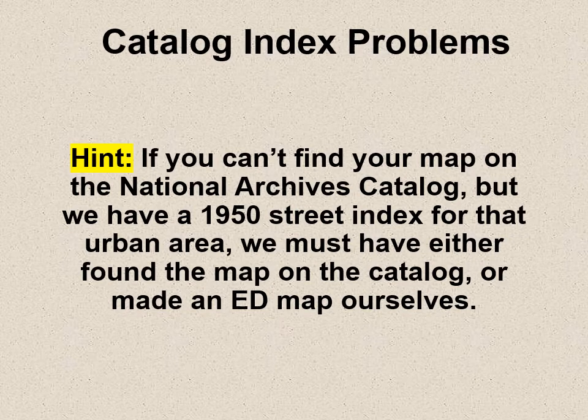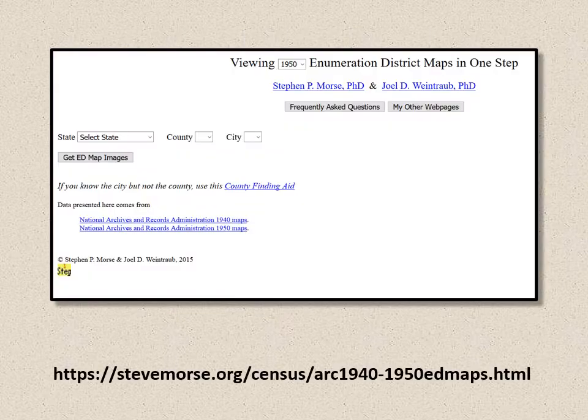So if you can't find your map on the National Archives catalog, but we, the one-step people, have a 1950 street index for that urban area, we must have either found the map on the catalog or made an ED map ourselves, one of the two. And we put up a viewing 1950 enumeration district maps in one step. The advantage here, a couple of advantages, is that we have a utility as part of this to find the county of where the city is.